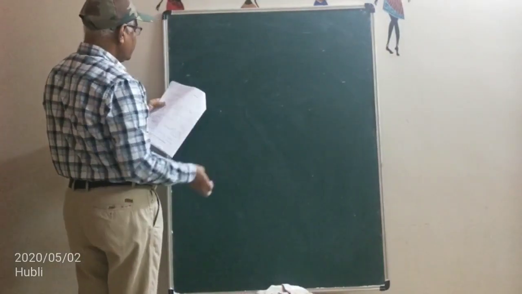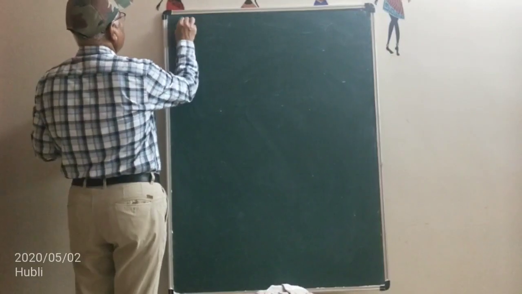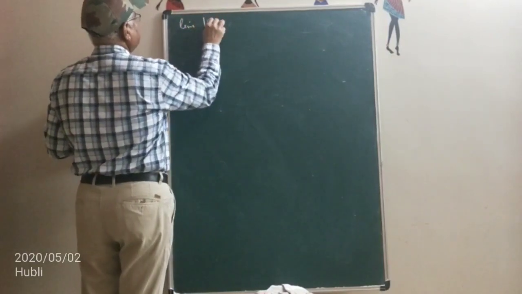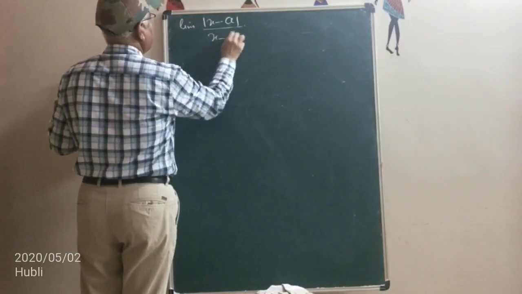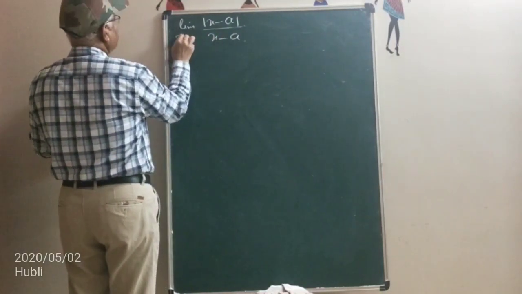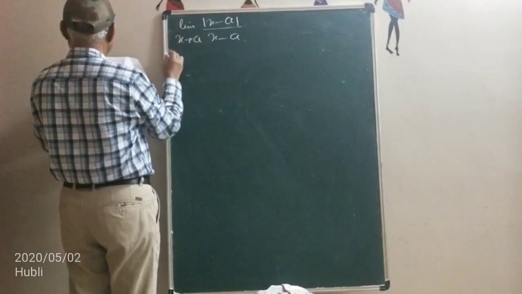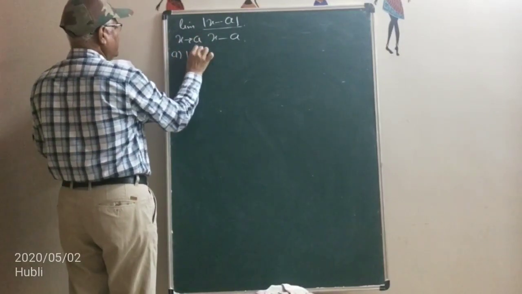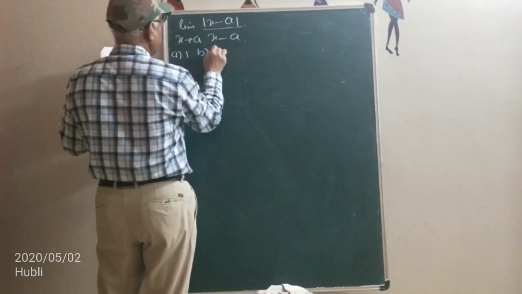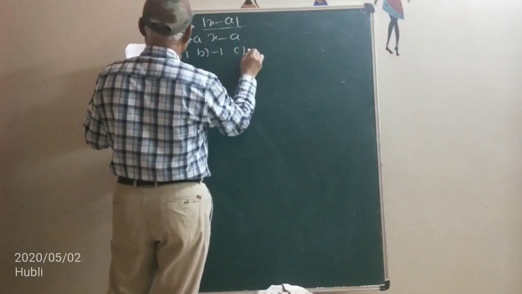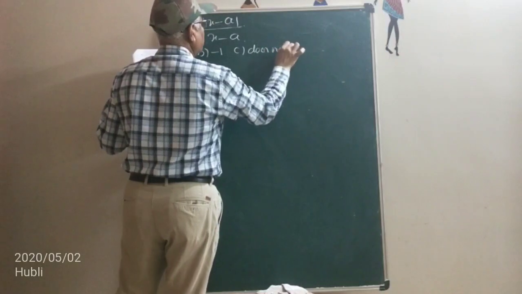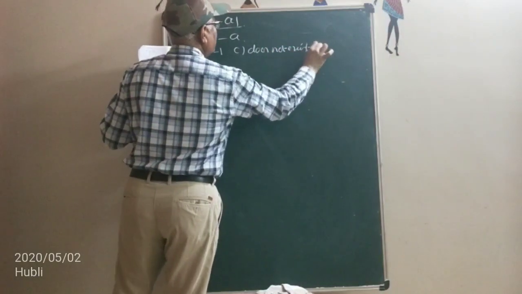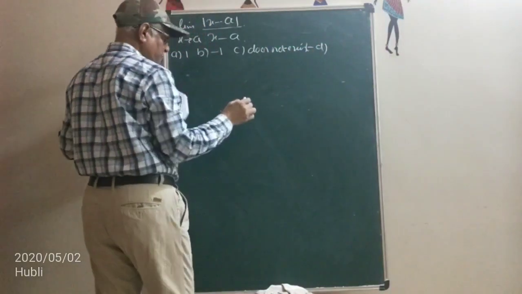Now students, next example: limit of modulus of x minus a divided by x minus a, as x tends to a. The first option is 1, the second option is minus 1, the third option is does not exist, and the last one is 0.